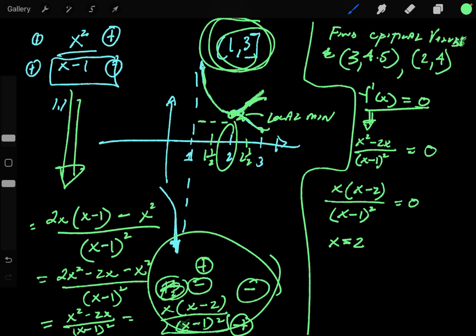If I want to find out what these values are, you can sort of see that now it makes more sense to say that this is, let's say, 1, 2, 3, and then this is going to look as follows. So 3 is going to give me 4.5. That's a high point right here. 2 is going to give me 4. Let's say that's right there. And then at 1, it's spiking down from negative infinity, looking like this. And this is indeed a local min.